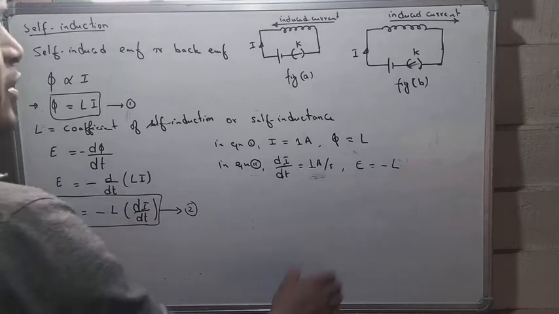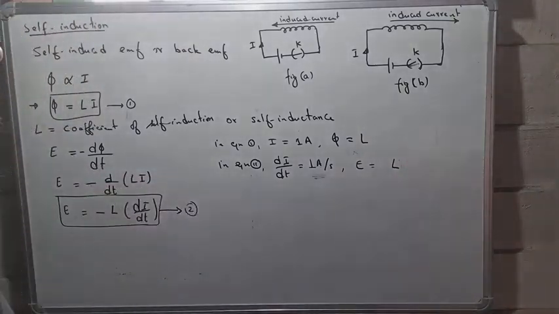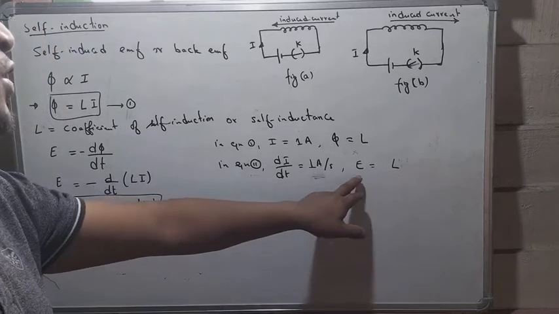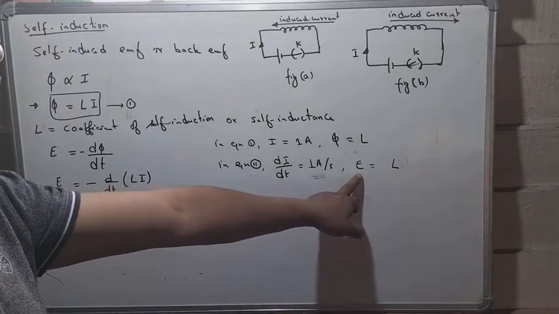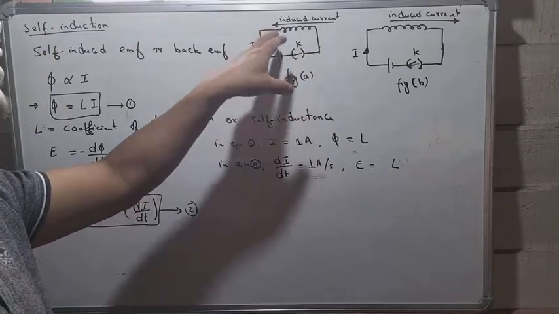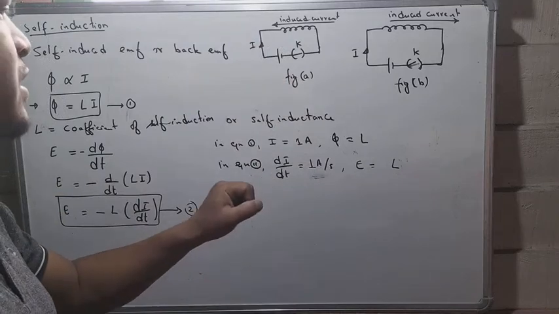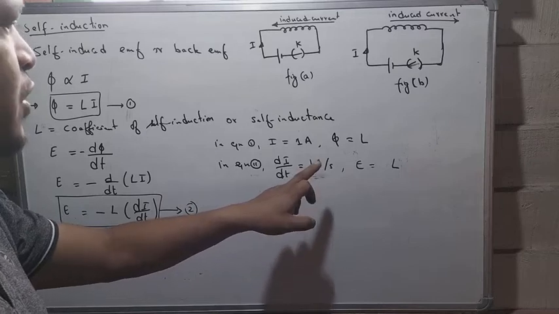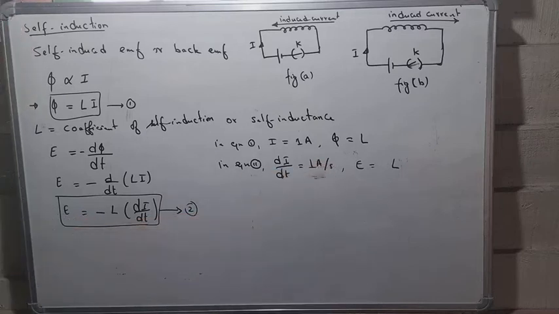You can also omit this negative sign, because we are not concerned about the direction; here we are only talking about the magnitude. So the self-inductance is numerically equal to the EMF induced in the coil when the current is changing at the rate of 1 ampere per second. This is the second definition of self-inductance.